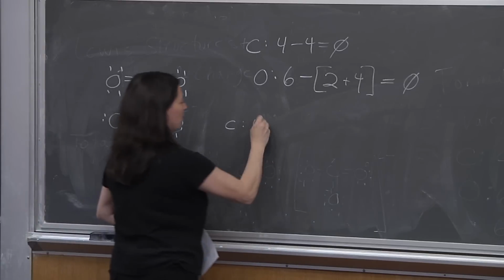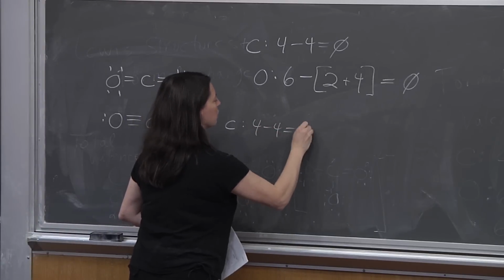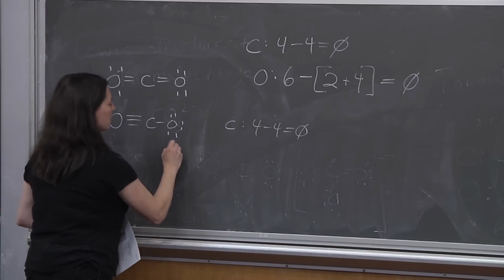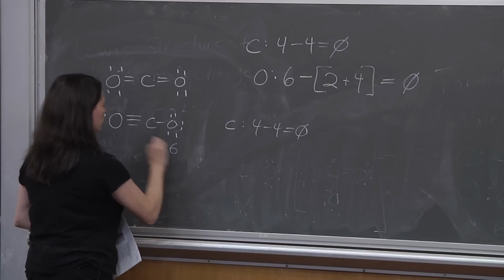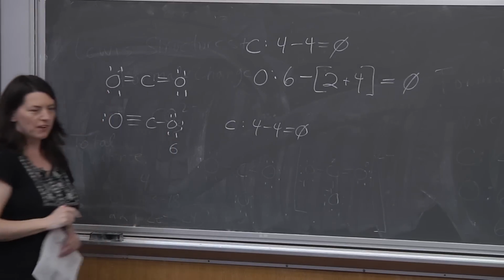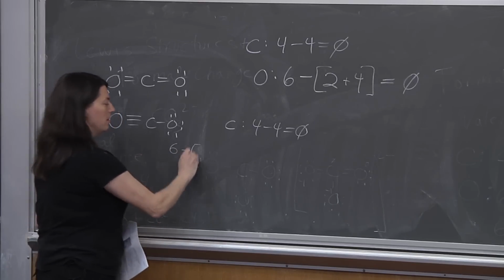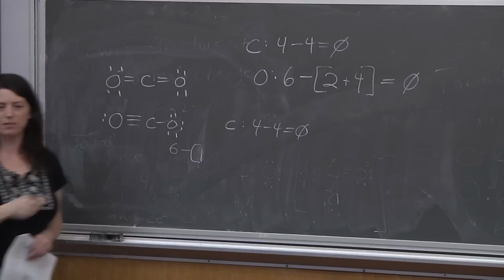It's also 0. Carbon still has 4 bonds, so that's that. Okay, now these oxygens are in different environments. So this one, I'm going to do right underneath. I have 6 valence electrons. I'm going to subtract 1, which is half of the bonding electrons.